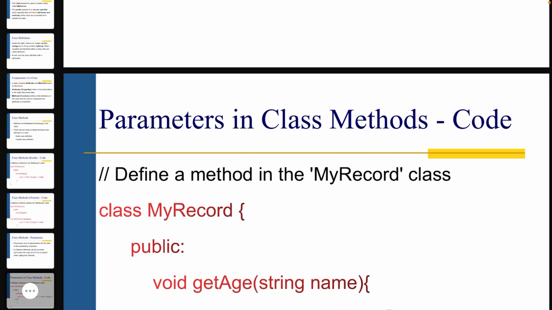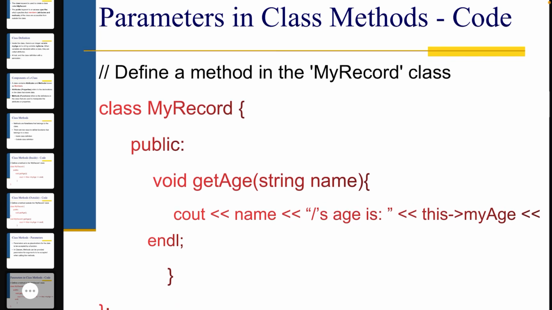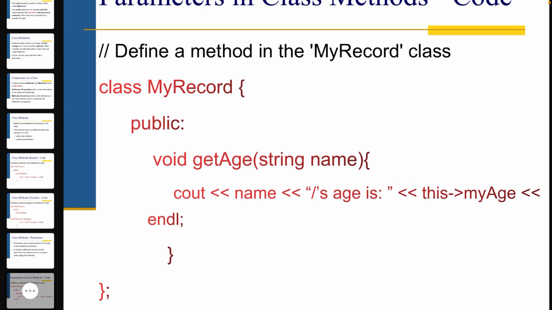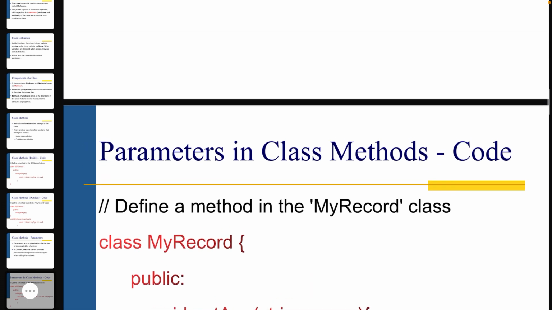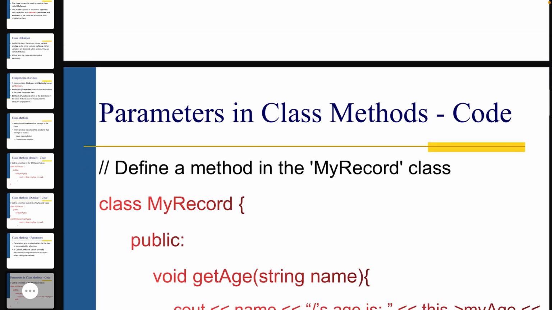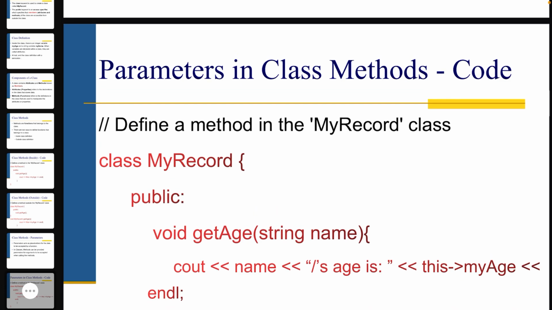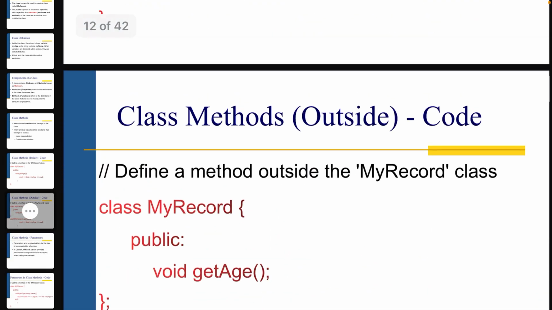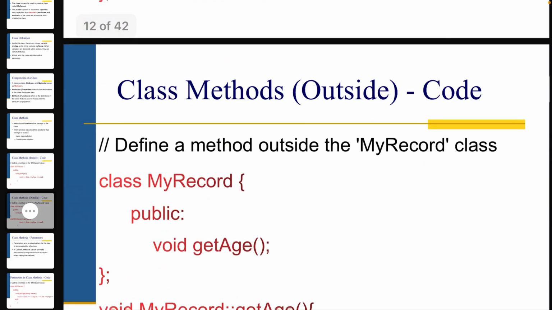Parameters in class methods, this is the code for parameters in a class method. It is almost the same as the inside class method.